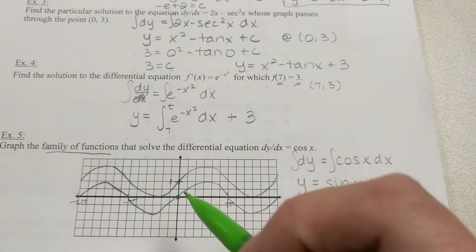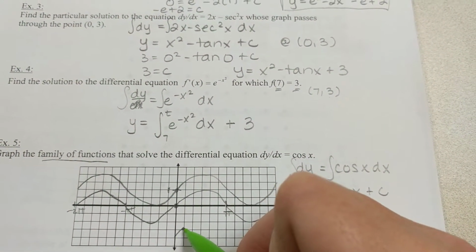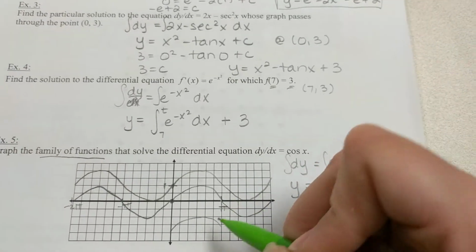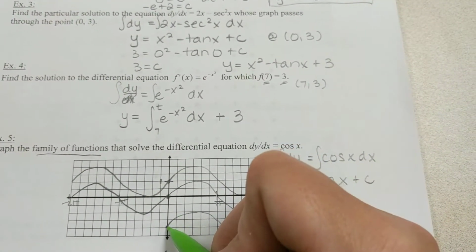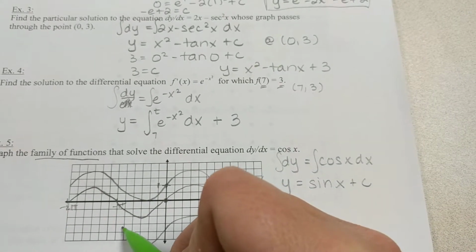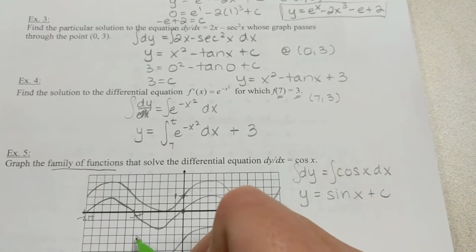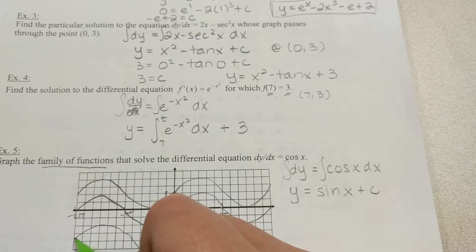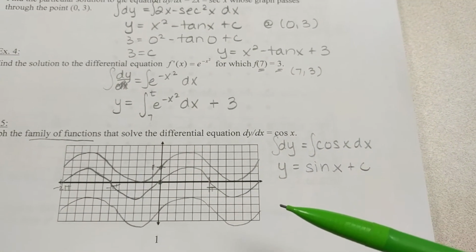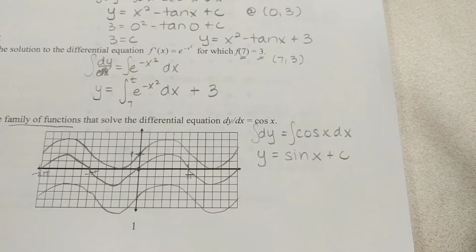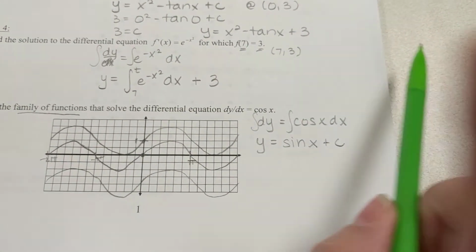And I could do one down here, etc. So you do as many as you would like, but it needs to be a family, so I'm saying 3 is a family. But you could, if you actually wanted to graph all of them, just color in the entire graph, but that will not fly on the AP exam, so don't.